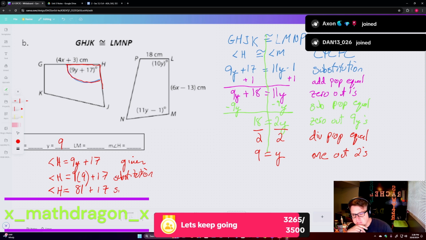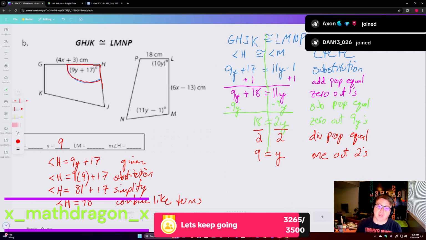So you can just hit simplify and combine like terms. And angle H is going to equal 98. So 98 degrees would be angle H, which should be the same for angle M, which is 11 times 9 is 99 minus 1, 98. So it does math out. Okay.